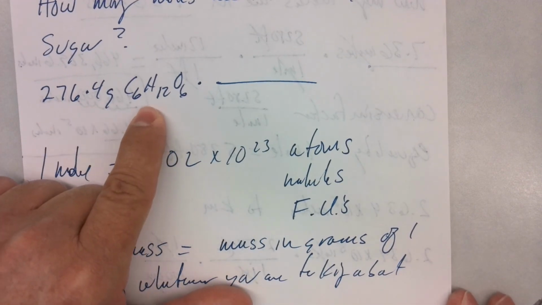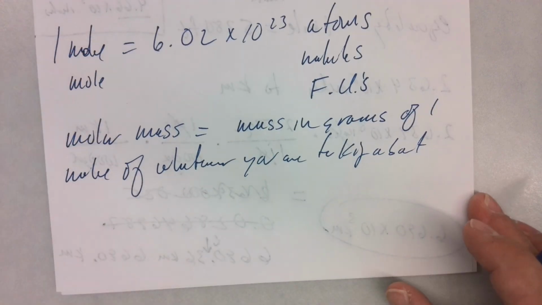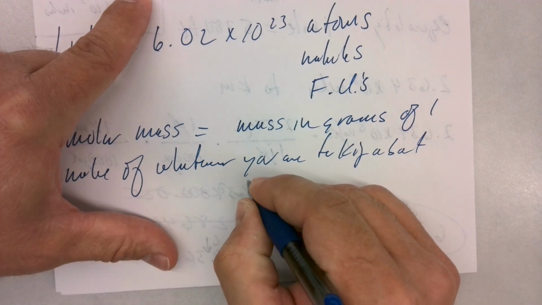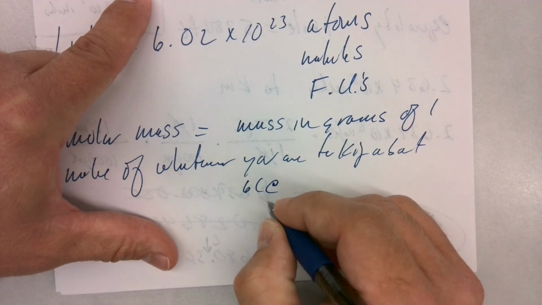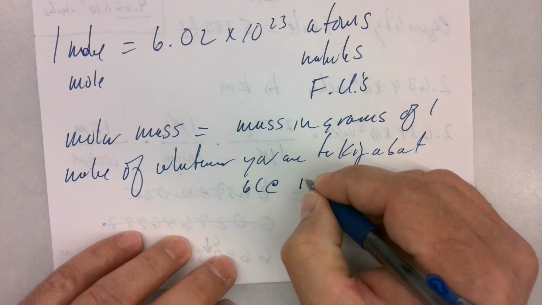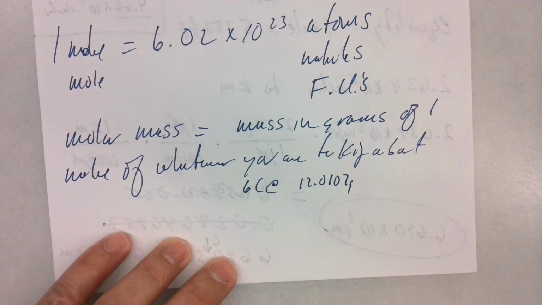So what you would do, you would say, okay, I need to figure out what the mole of sugar would have a mass of. Now, this is what you would do. You'd say, well, I've got 6 carbons, and each carbon has a mass of, what did I just say? 12.0107 grams.